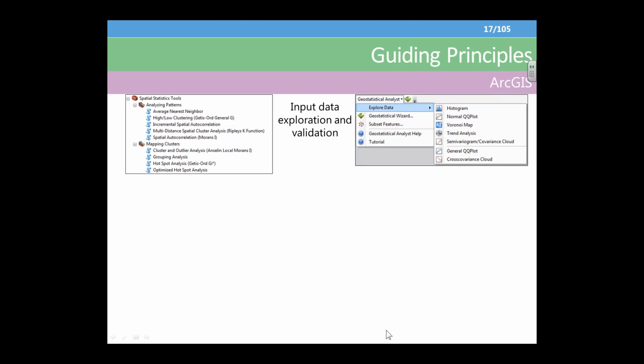And we did all this in ArcGIS. We chose it as our platform for performing this analysis. This morning we spent some time talking about some of these tools in ArcGIS. They're used at various stages. They can be used to explore and validate the data that you are considering to implement in the model.